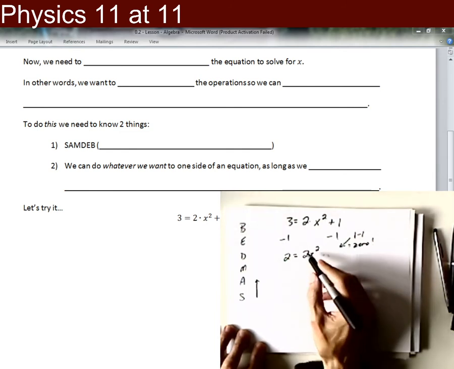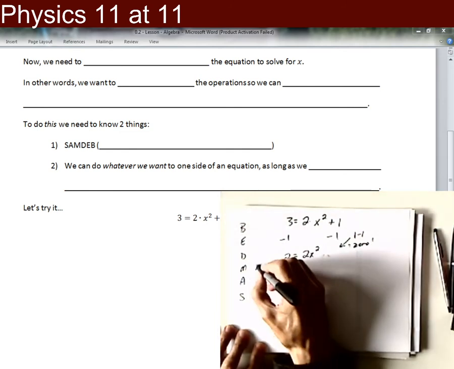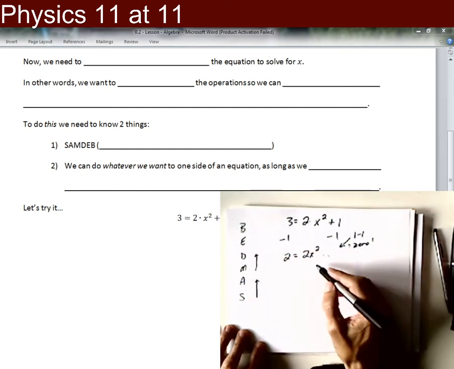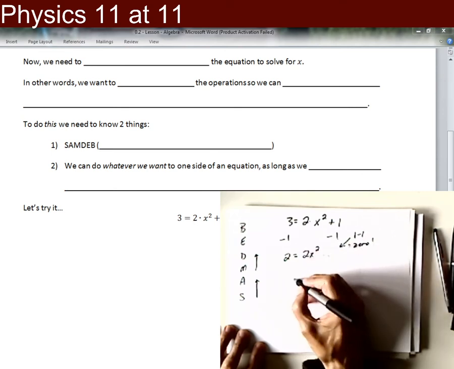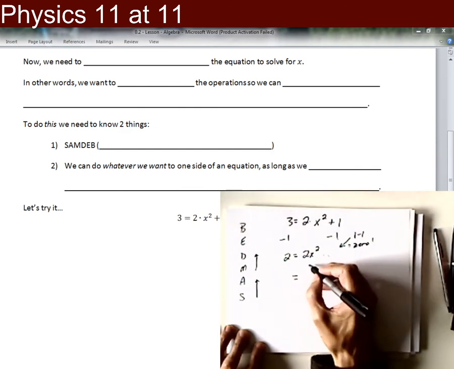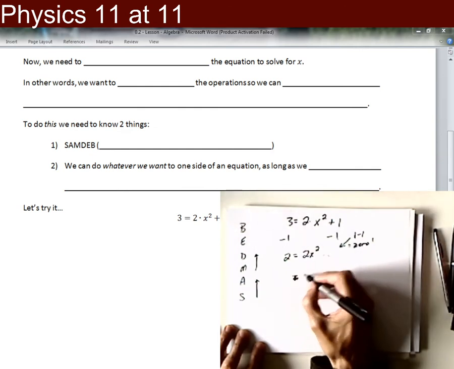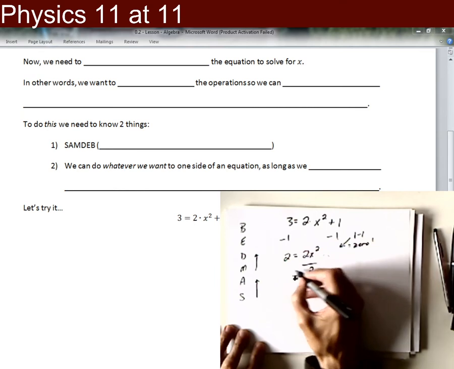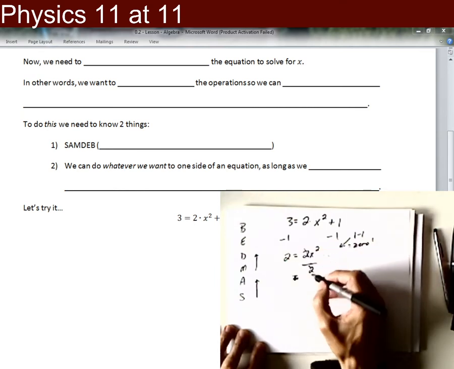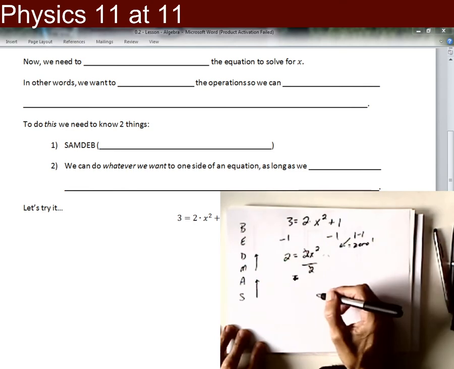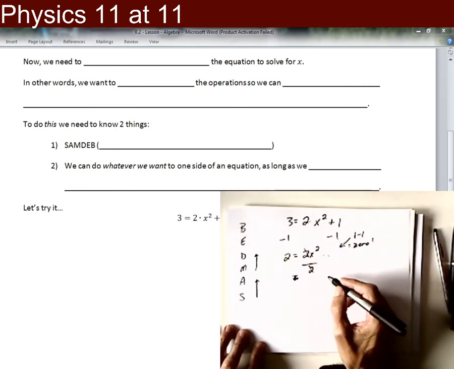Now what do we do? Any dividing or multiplying? Well, this 2 is multiplied by that x squared. There's no brackets, but it actually is a separate thing. So what you do is you now divide both sides. You divide this side by 2 so that it divides out and is gone, just like we did with conversions.